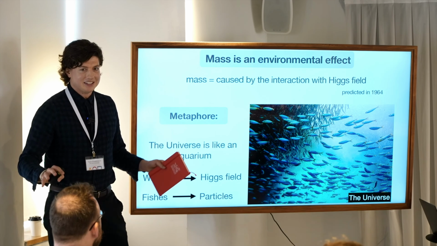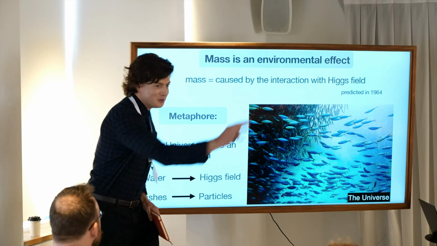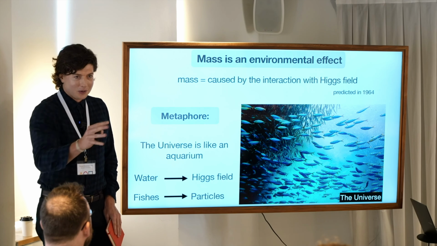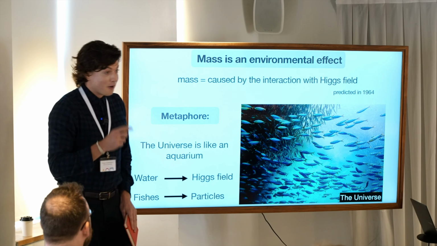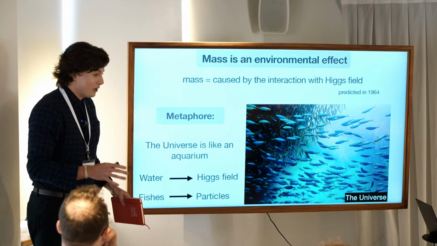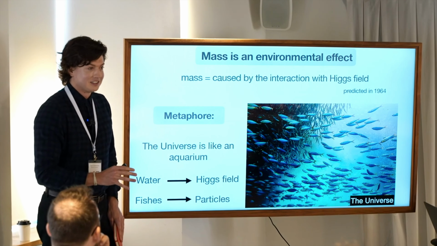Particles in the Higgs field are like fishes in water. Fishes, when they move, feel resistance due to the interaction of water with their body. For particles, this is the same. Particles, when they accelerate, feel resistance due to the interaction with the Higgs field.